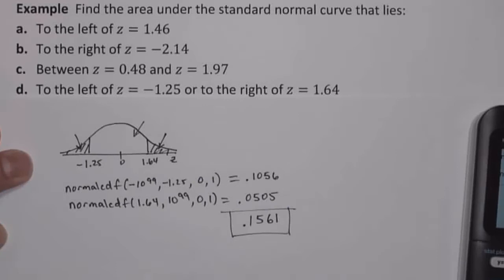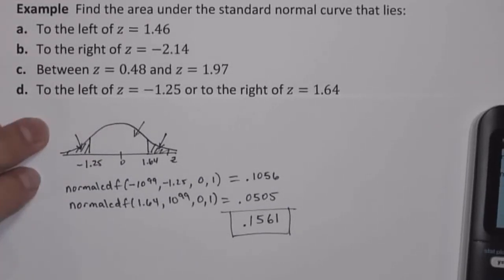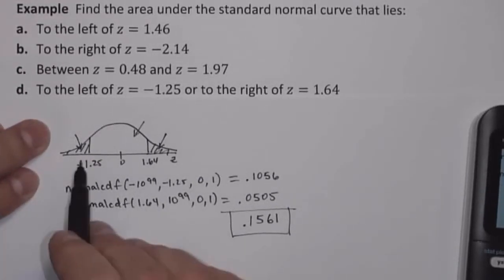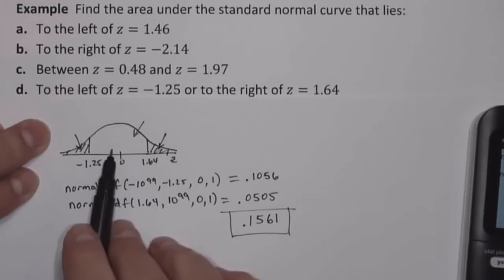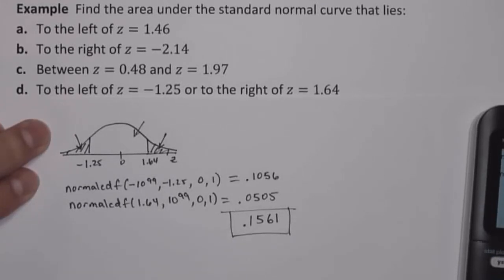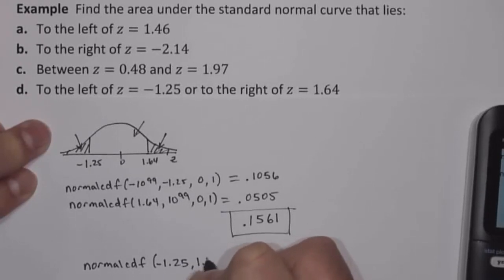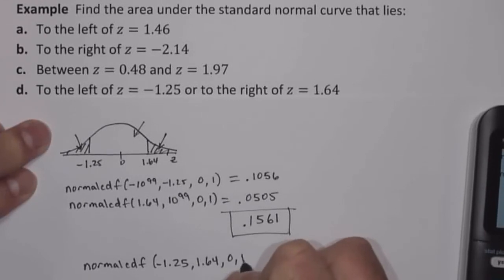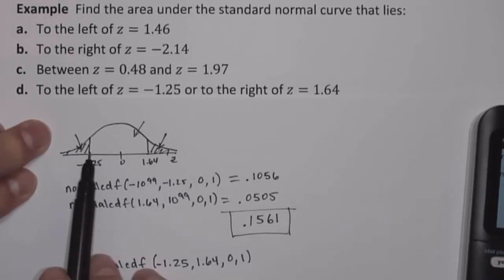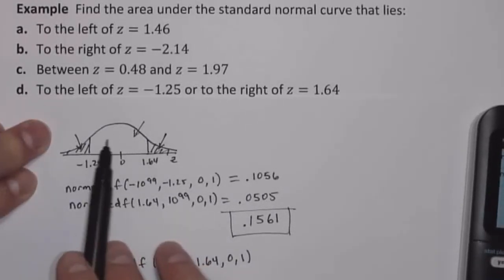The other possibility that we could do to find this area is we could have found the area in between and subtracted from 1. So we could find normal CDF. We could find the area between negative 1.25 and 1.64 with a mean of 0 and a standard deviation of 1. Again, this would be our left bound and this would be our right bound for the area in between.